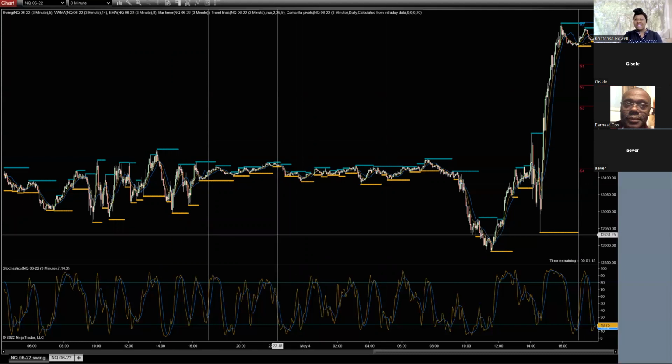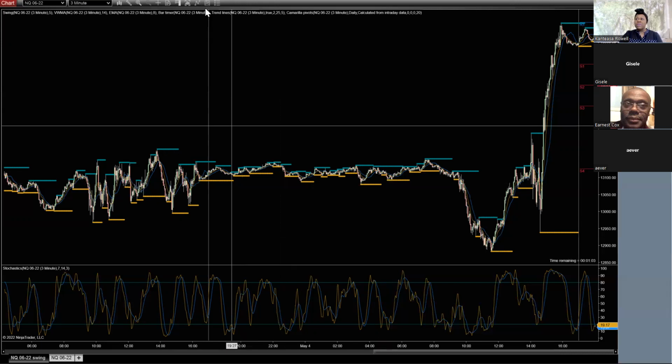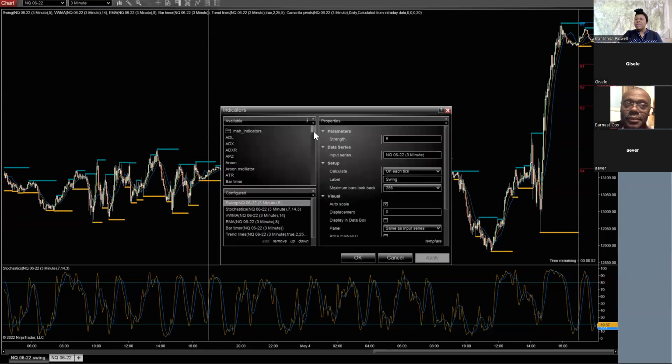Yeah, I have one more question. Okay. How do you add the moving average onto your chart? Okay, great question. To add your moving average, you will go up to your indicators. Click on indicators, and then you will get your whole box of available indicators. The moving average that I added previously was the exponential moving average.